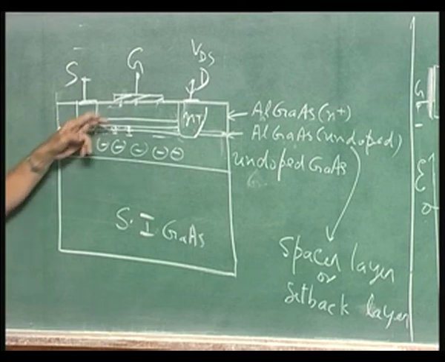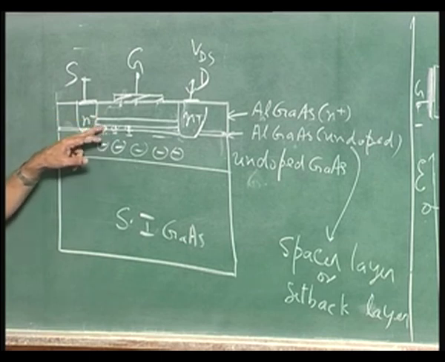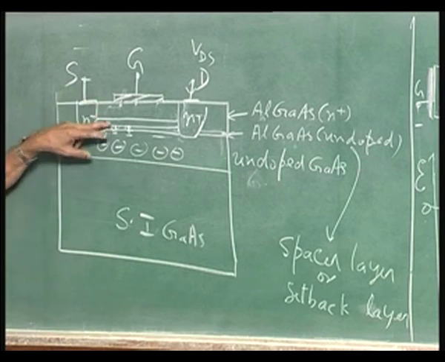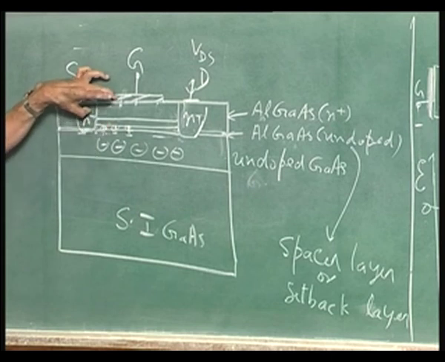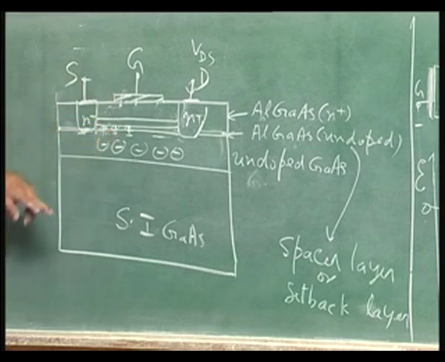Okay, because there is direct contact here. This is virtually shorted out. You do not have transfer of electrons from here to there. This is the Schottky barrier which is acting. There is no control of this on this. It is all right.